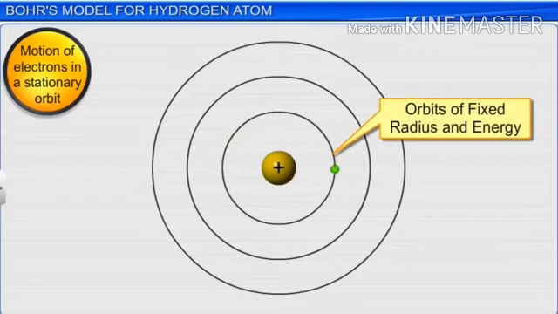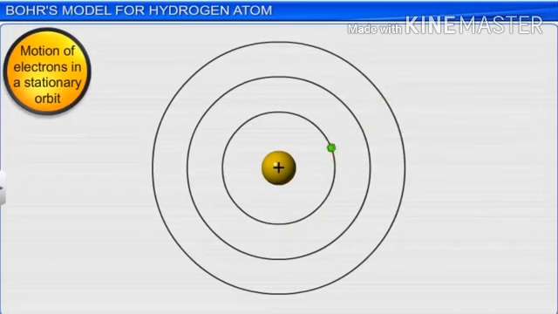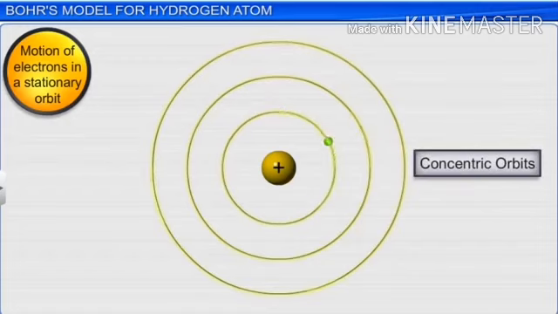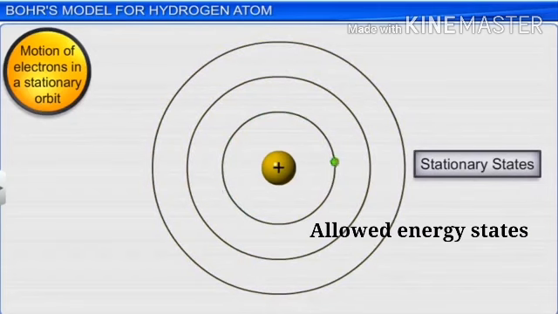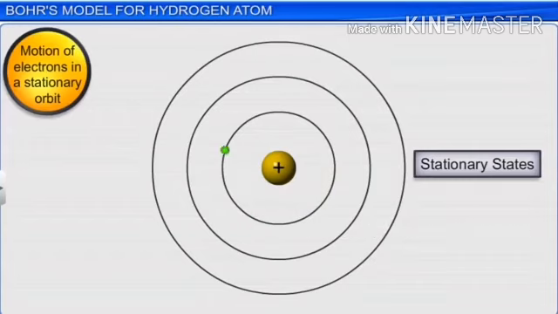These orbits are arranged concentrically around the nucleus. These orbits are also known as stationary states or allowed energy states.